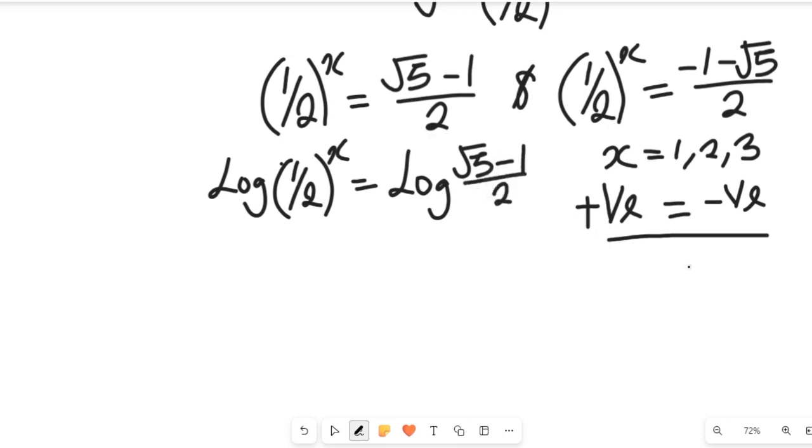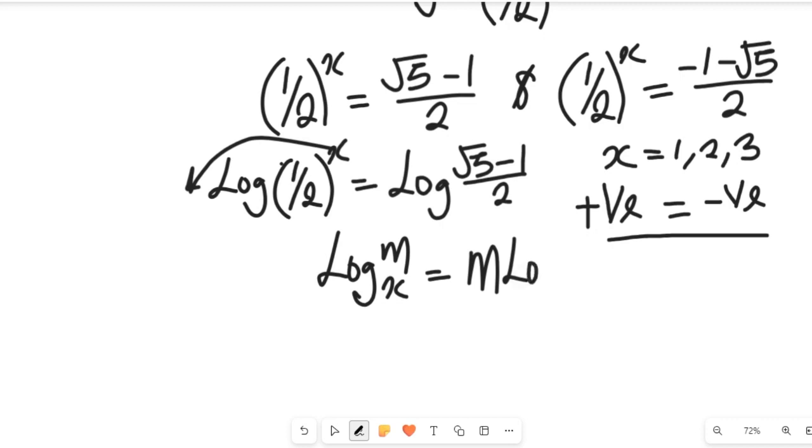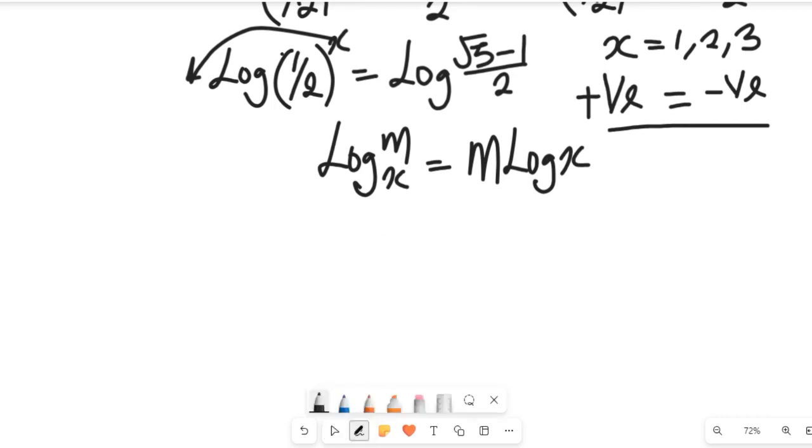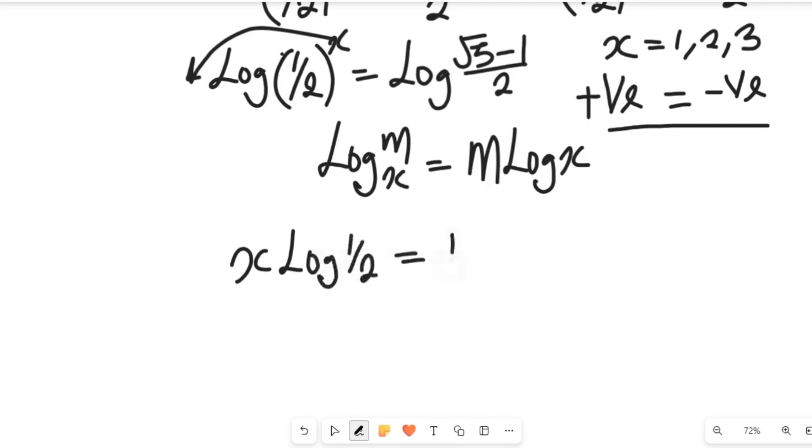So from the laws of logarithm, the power will come over here, because if we have the log of m to the base x, this can be equal to m log x. So that expression will now give us x log of 1 divided by 2, and this will be equal to the log of root 5 minus 1 divided by 2.